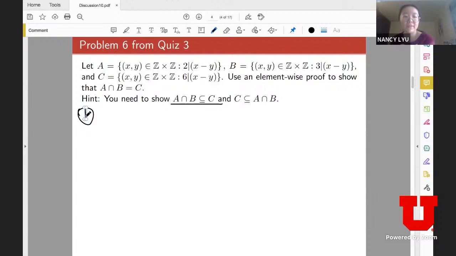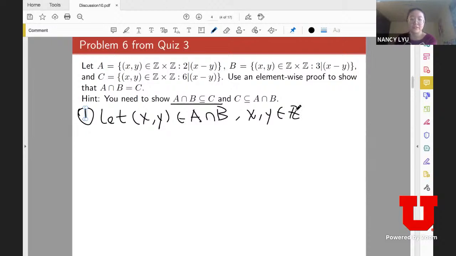And if we start with, let X, Y belong to A union B, where X, Y are integers.